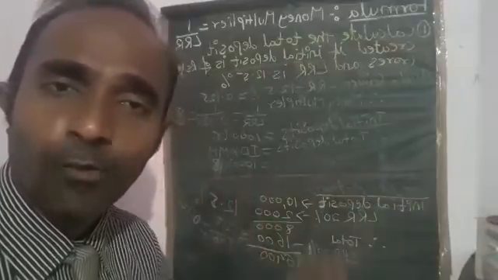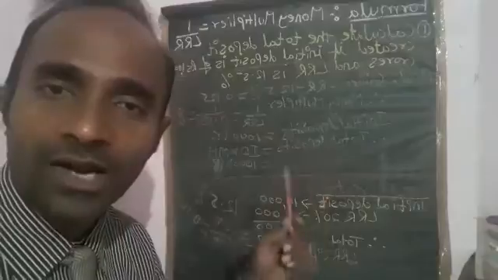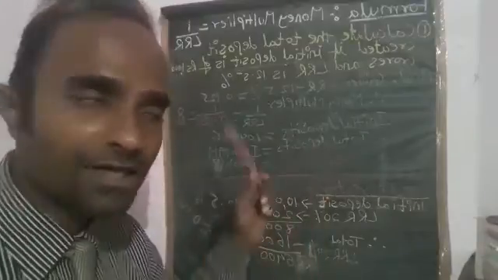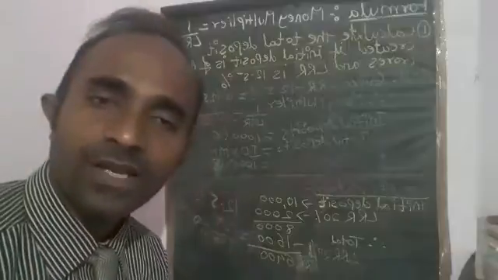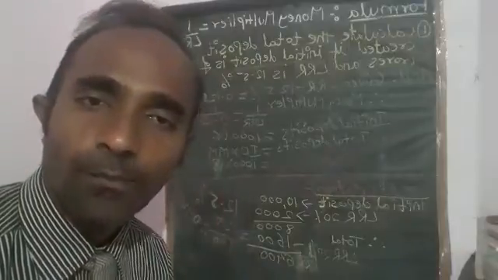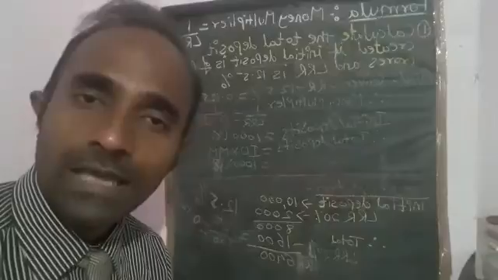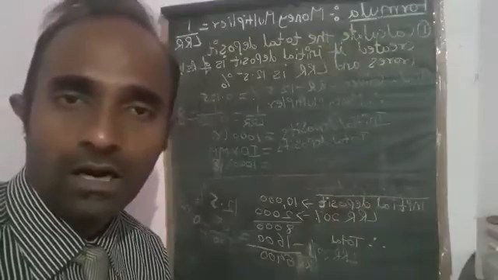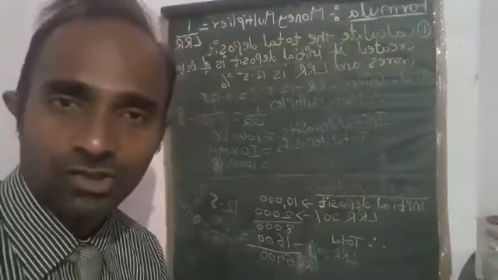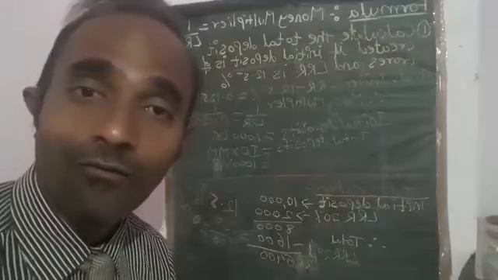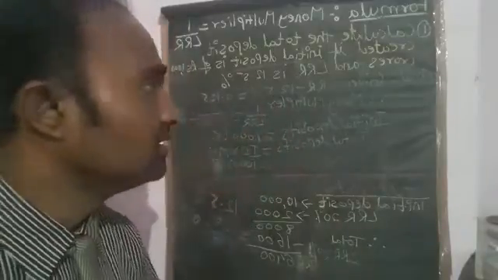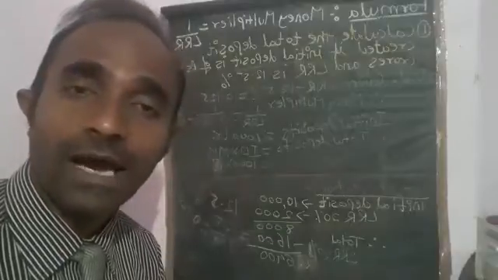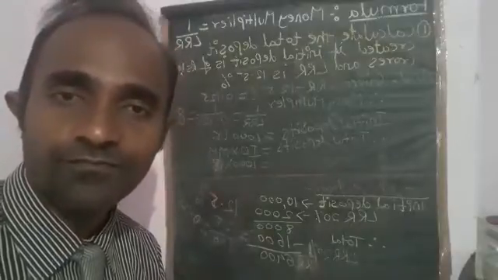Then 12.5 upon 100, if I do that, I will get 0.125. This is the ratio you are getting as the legal reserve ratio.